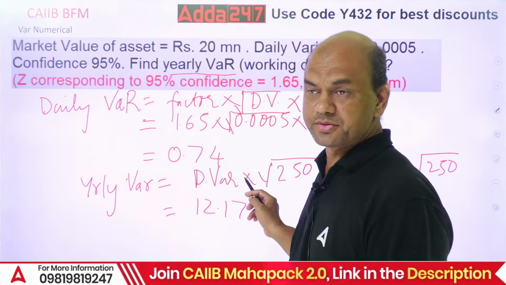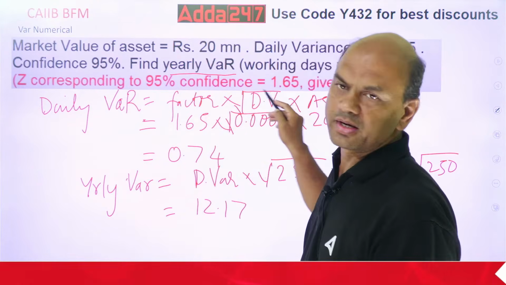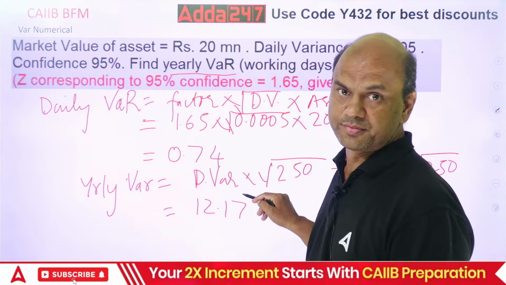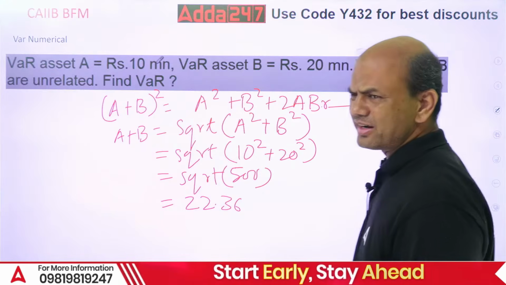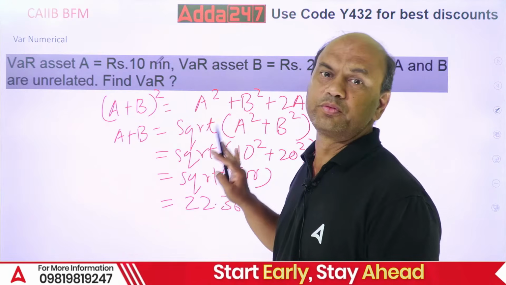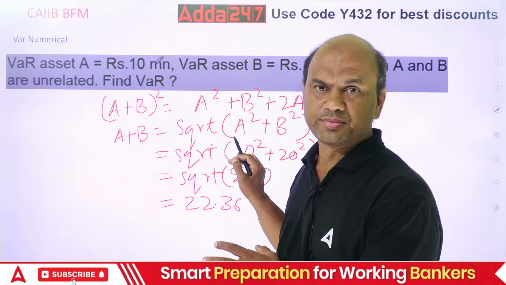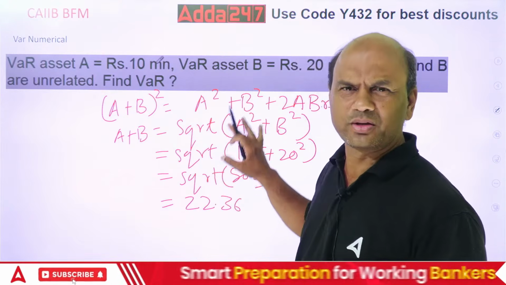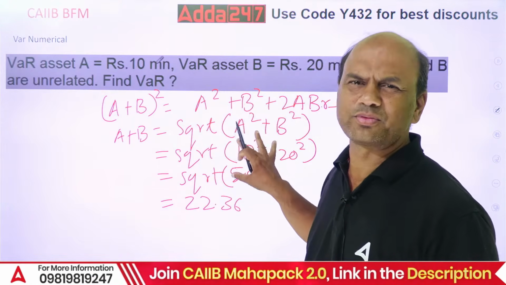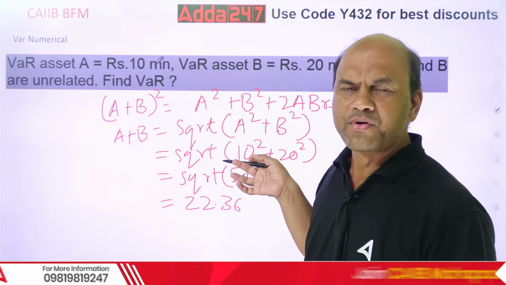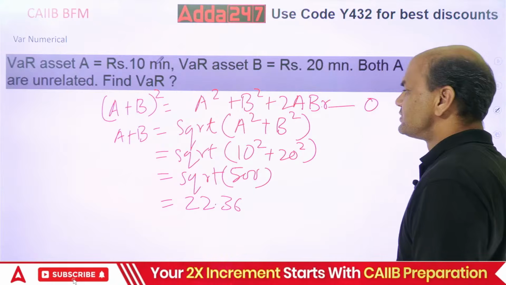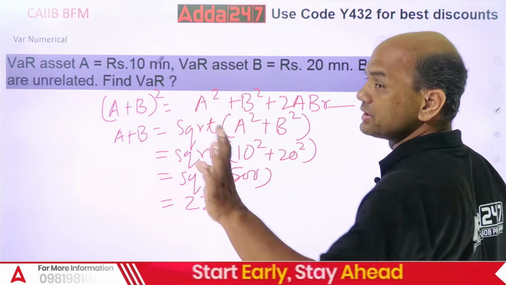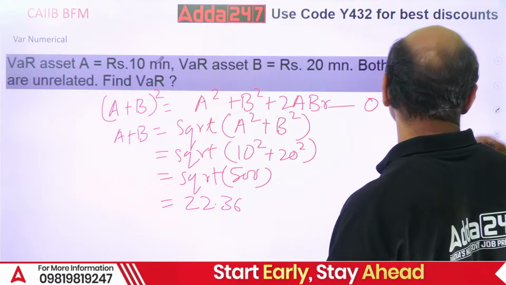This part you may not get, but this part you will get it. And this third question, you may get it, you may not get it. I am not saying you will definitely get this question. There are chances you may not even see this question because this is a tough one. This is actually the real treasury part. So this you may not get, but the first two, there are high chances.